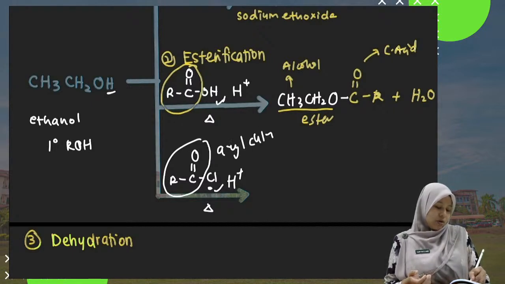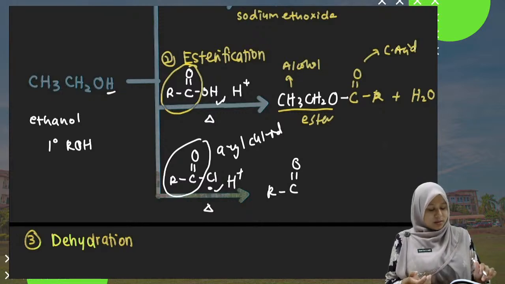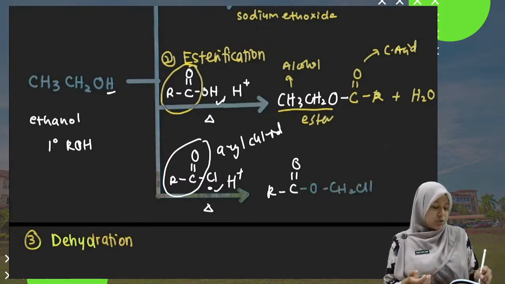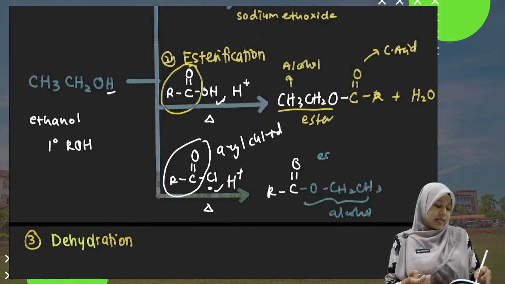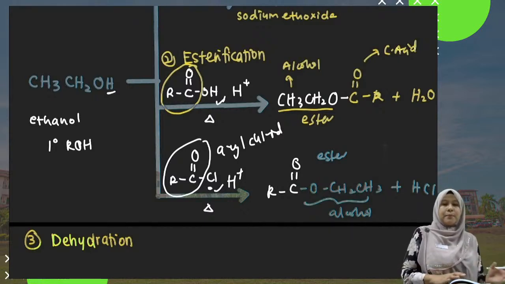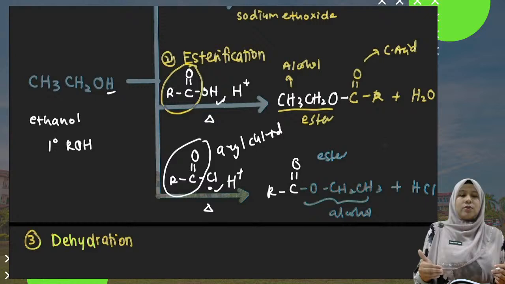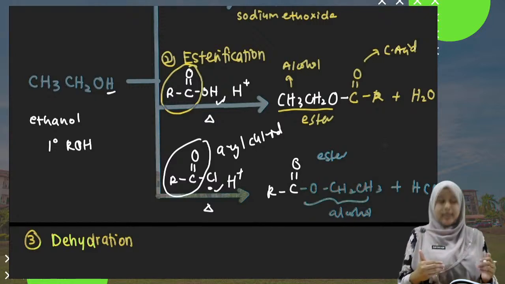So daripada acid chloride kita akan ambil RC double bond O. So dia akan combine dengan OCH2CH3 daripada alkohol. So dia dapat juga penghasilan ester, cuma side product dia akan jadi HCl. Okay, beza dekat side product je antara reaction alcohol with acid chloride dengan reaction alcohol with carboxylic acid.